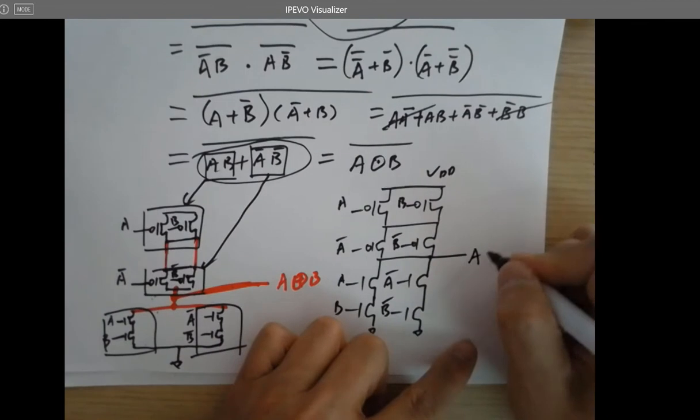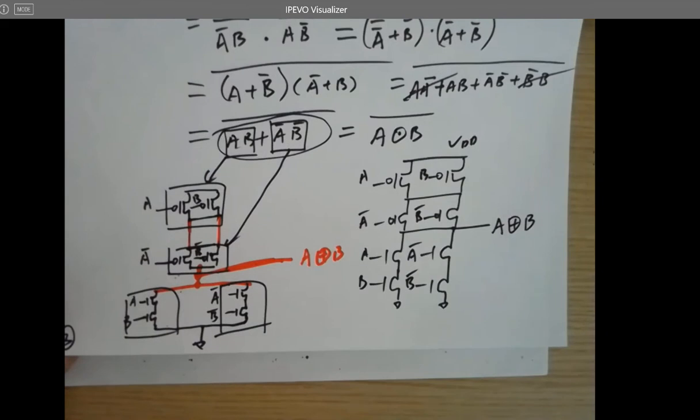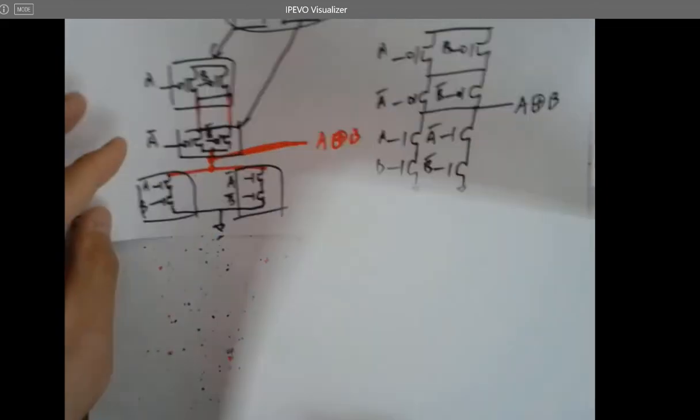And magically, this is AX for B. Now let's draw the stick diagram.